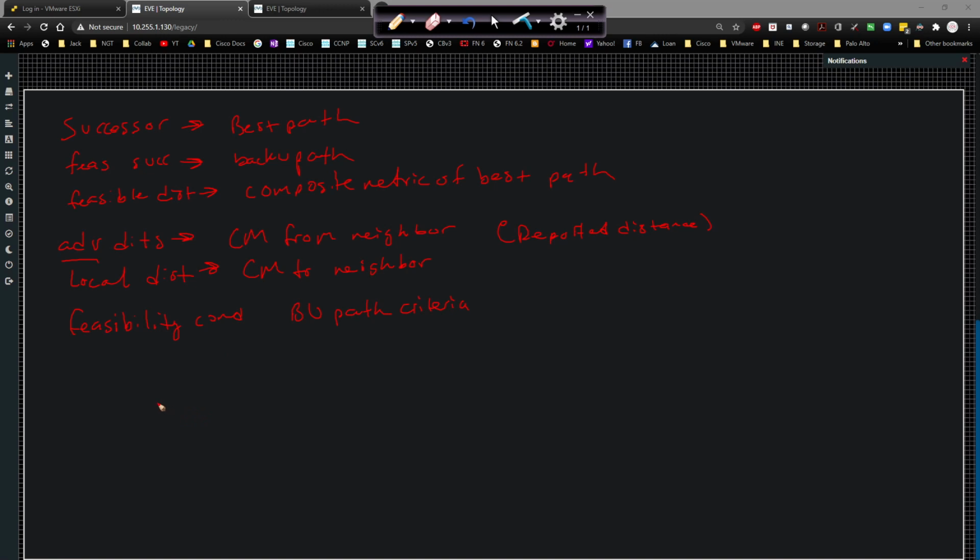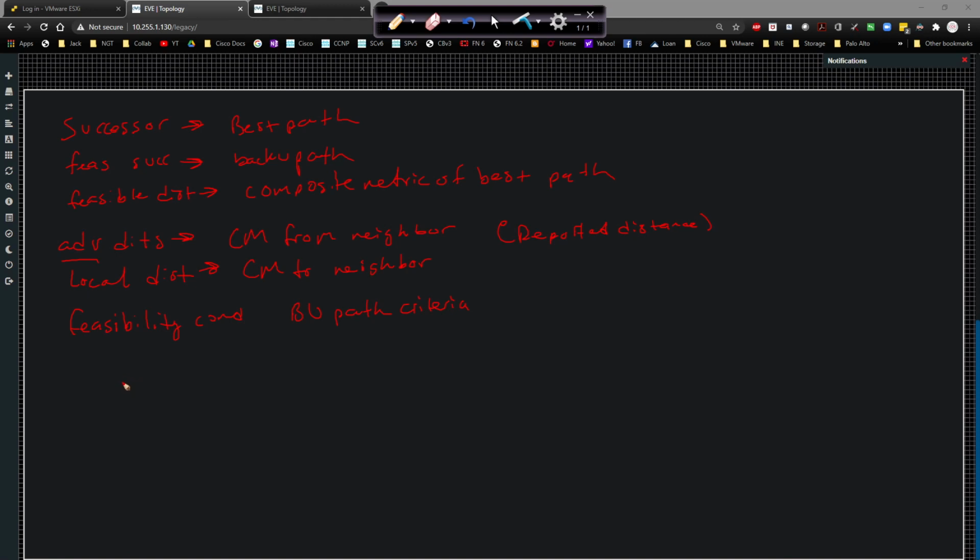Now, the way that the feasibility condition comes into play is, if I am going from point A to point B, I have more than one way of getting from point A to point B. Any of those other options, option 2, option 3, option 4, you need to have some sort of way of examining those backup routes.